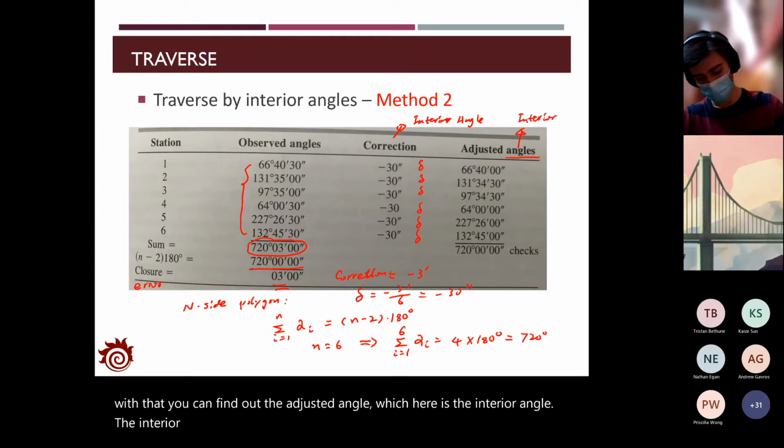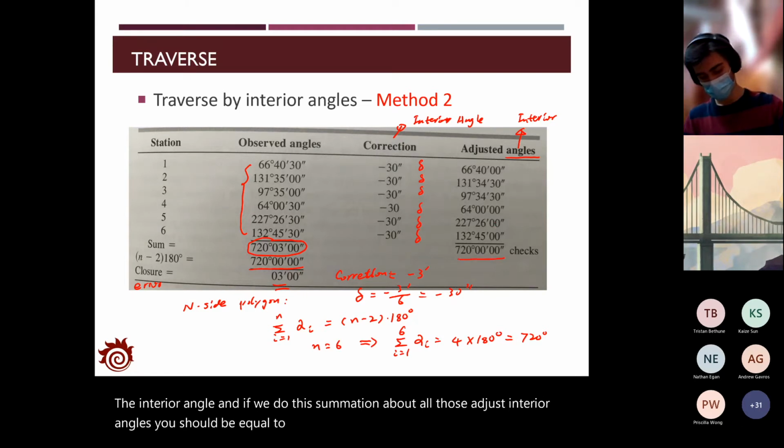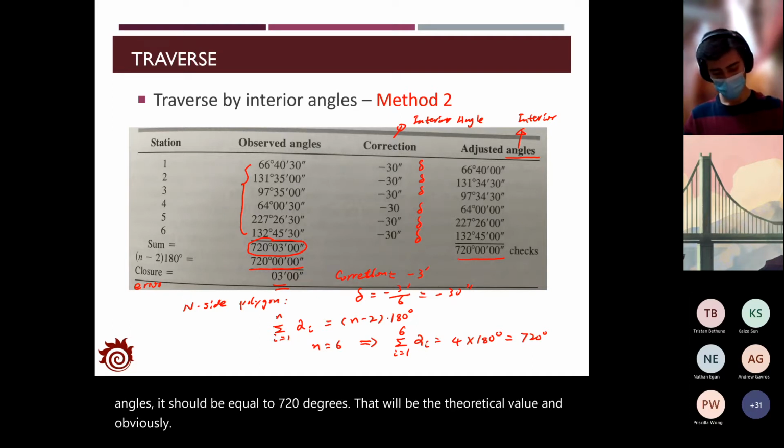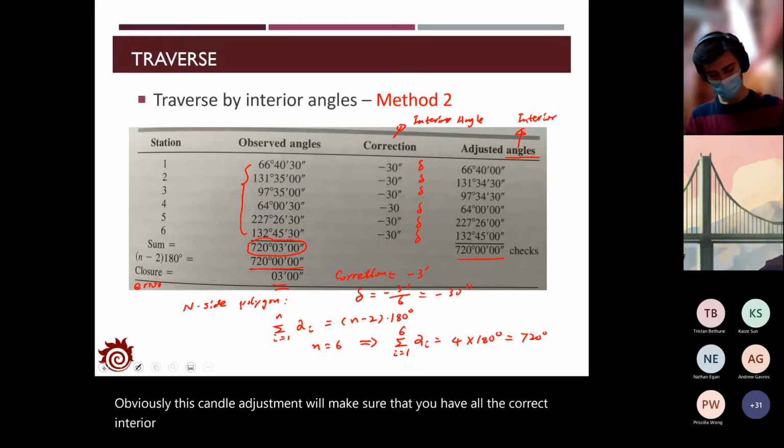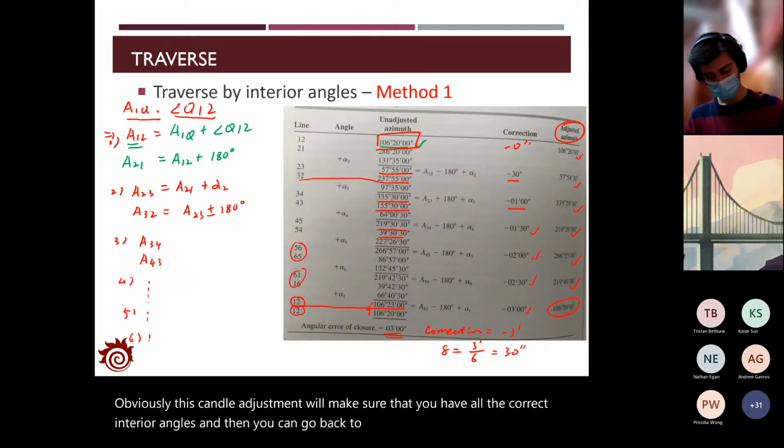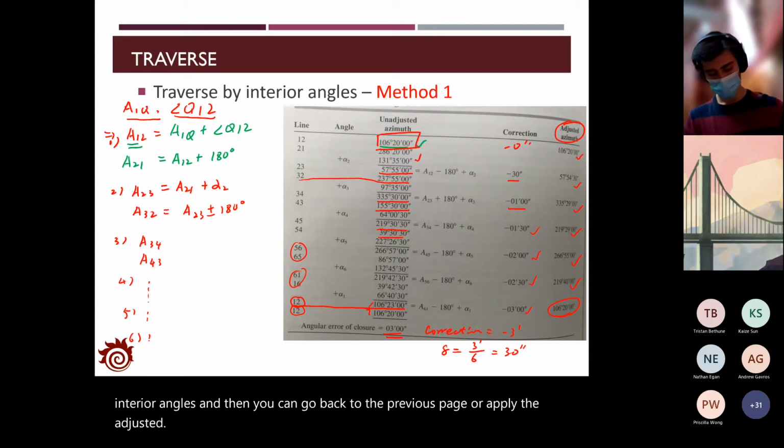And if we do the summation of all those adjusted interior angles, it should be equal to 720 degrees. That will be the theoretical value. And obviously, this kind of adjustment will make sure that you have all the correct interior angles. And then you can go back to the previous page, and apply the adjusted interior angles.